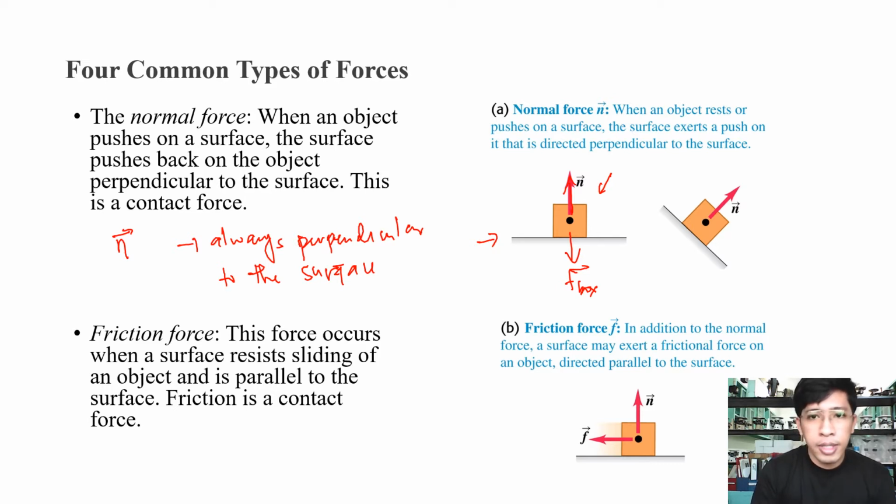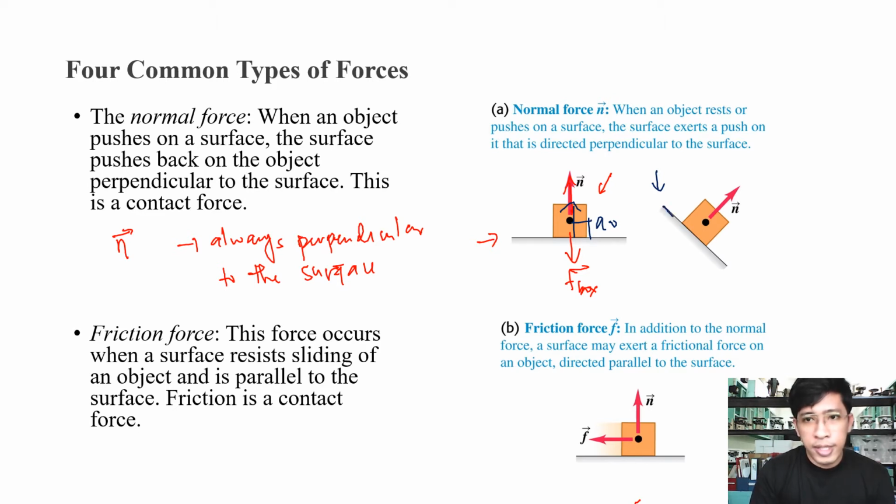So here, it's clear that in your first figure you have 90 degrees, and you have your normal force. On the second figure, the figure to the right, your surface is oriented with a little slant. If you want to determine the normal force, again, it is always perpendicular to the surface.